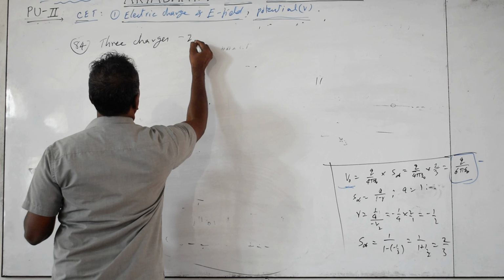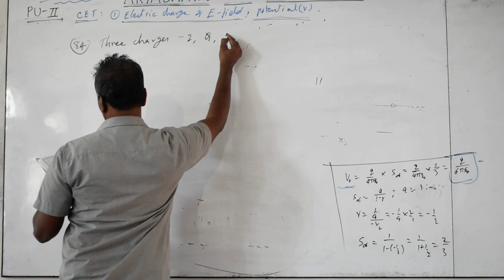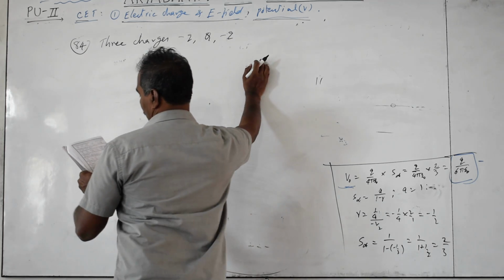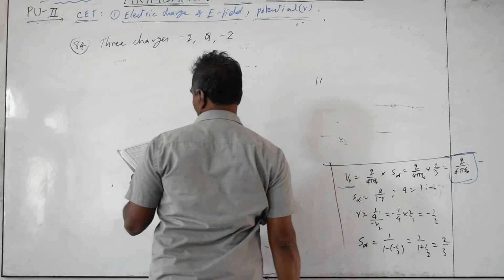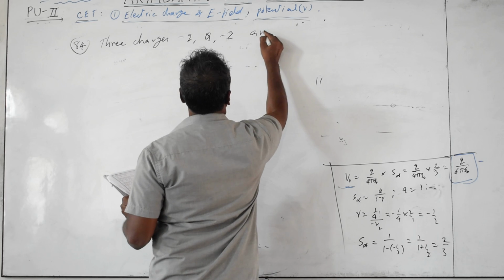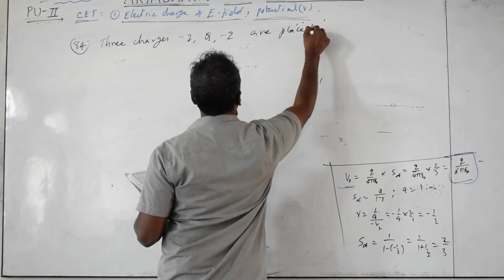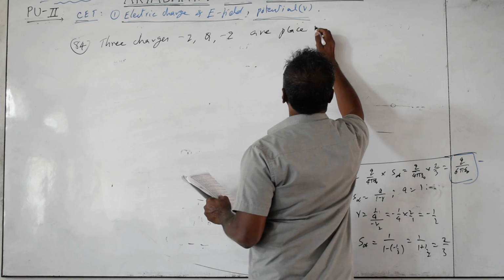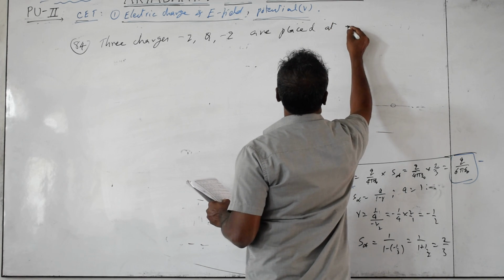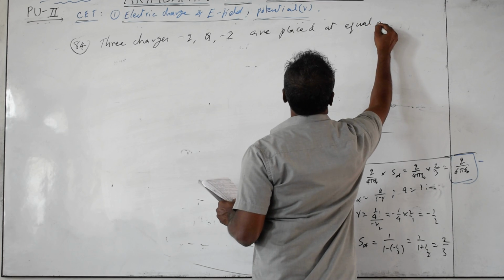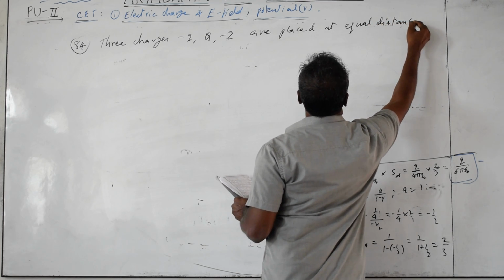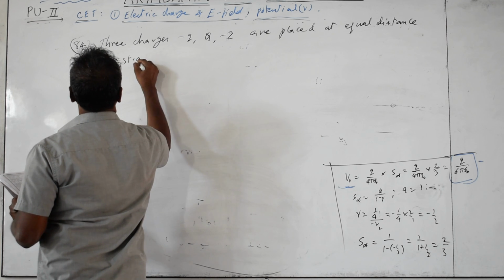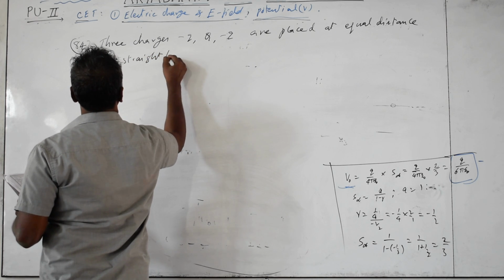Minus Q, Q, and minus Q are placed at equal distance on a straight line.